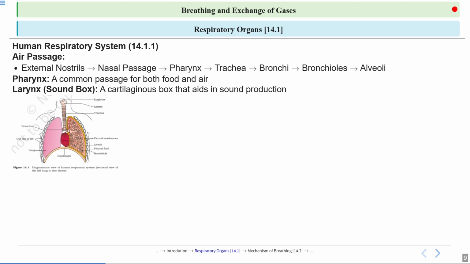So this is the trachea, you can see here. The trachea is further dividing into bronchi and then into bronchioles. There is a left bronchus and a right bronchus as well, and then the bronchi are further divided into bronchioles.